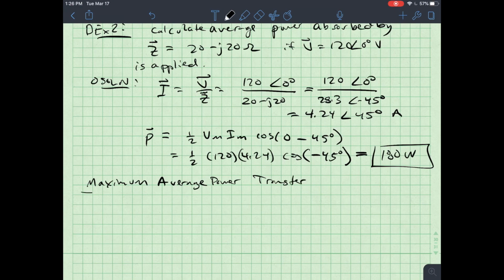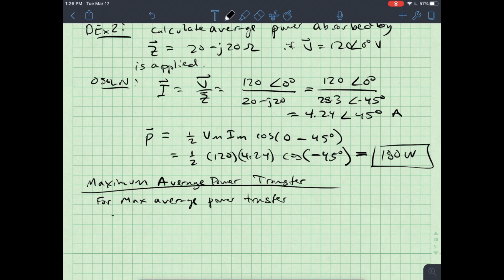Maximum average power transfer. For the maximum average power transfer, I need to set my load impedance ZL to be the complex conjugate of Z Thevenin. So RL plus jXL is equal to R Thevenin minus jX Thevenin.